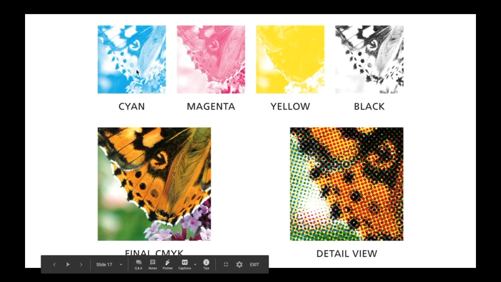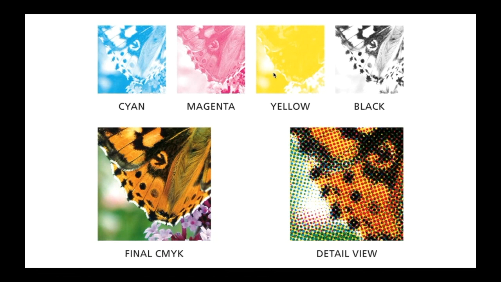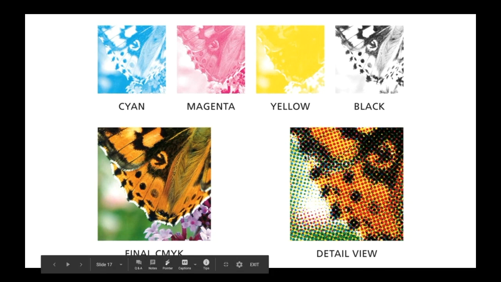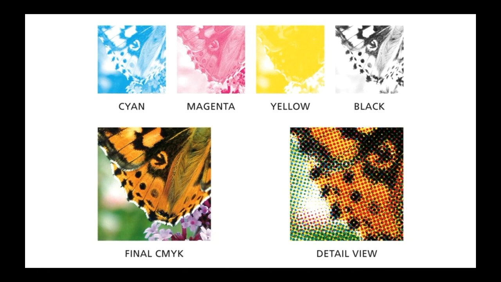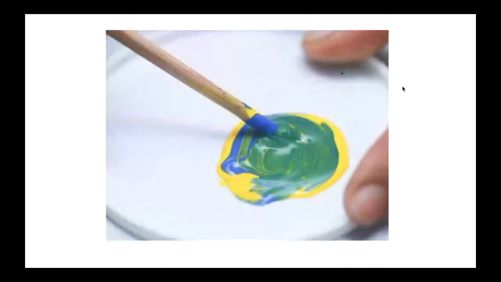In CMYK, you've got your layers of cyan, magenta, yellow, and black on top of each other. And this is a detailed view of what you can see. This is what you do in screen printing when you are printing a photo. You'll divide the photo up into layers of CMYK, and then you'll print the cyan, the magenta, the yellow, and the black all on top of each other, and then voila, you have a color print.